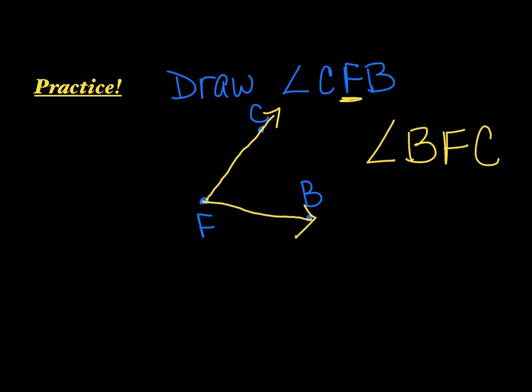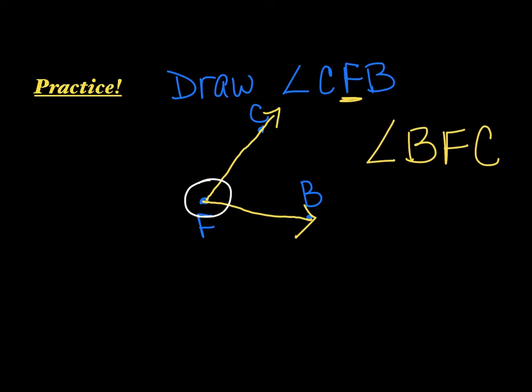Now, what is the vertex of this particular angle? My vertex would be letter F or point F. Okay? Now, another question with this angle is, what type of angle is it? Is it acute, right, or obtuse?